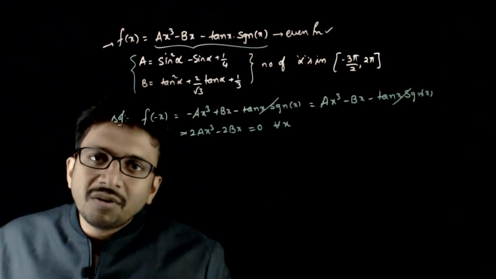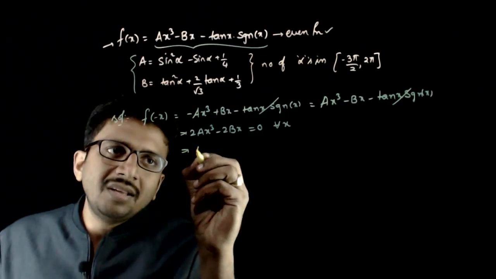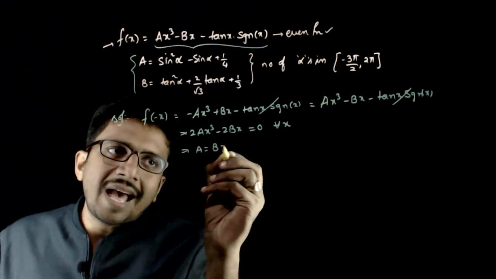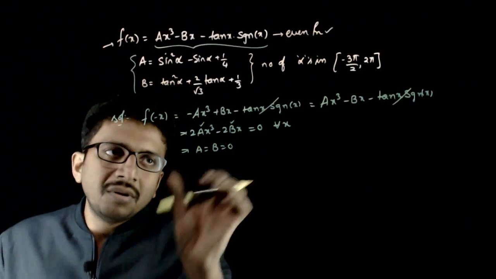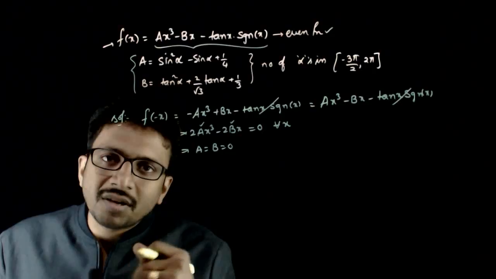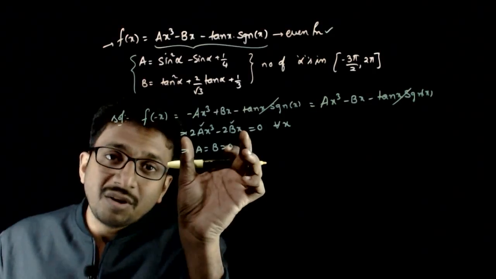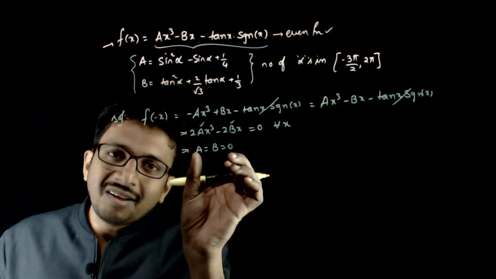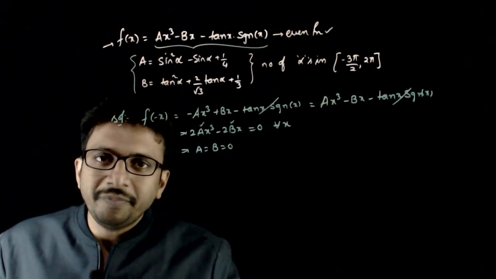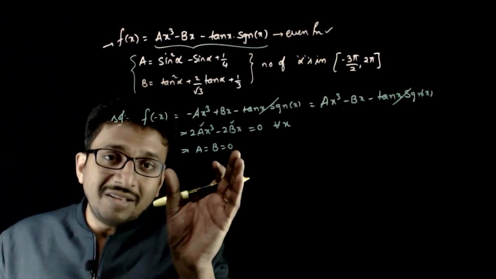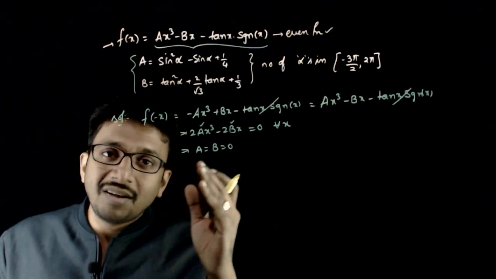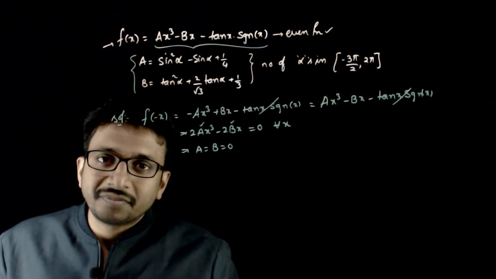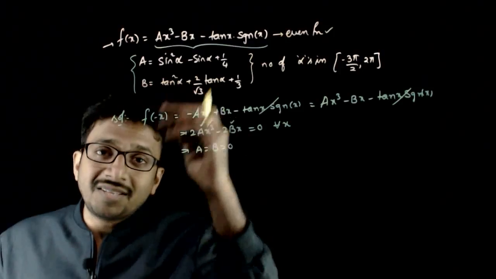So if this has to be 0 for all x, the coefficients have to be equal to 0. If the coefficients are not 0, will this expression be 0 for all x? No. So from the first information, the conclusion is a is equal to b is equal to 0.